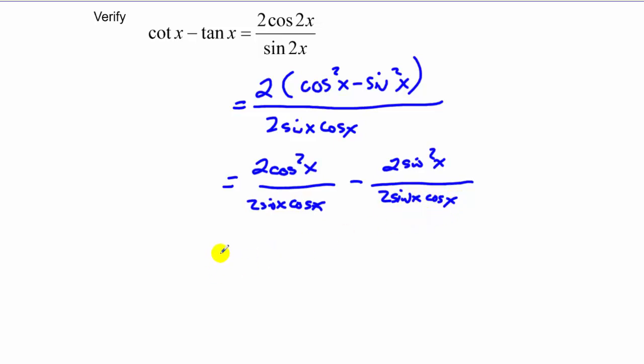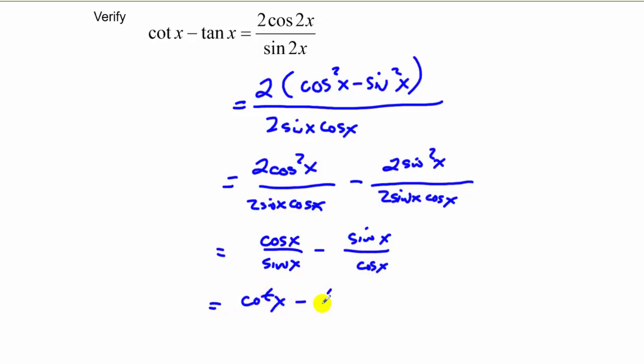And you'll notice the reductions I get here. 2's reduce, the cosines reduce, so I'm left with cosine in the numerator, sine in the denominator, minus, 2's reduce, one of the sines reduce, sine in the numerator, cosine in the denominator. And what do you know? There's cotangent of x minus tangent of x, which is what I was looking for.